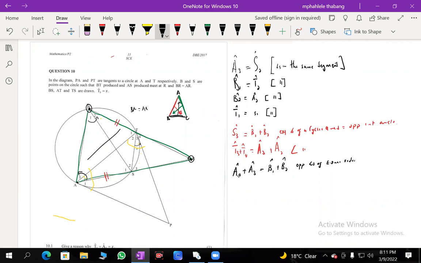It's angle A. Which angle is opposite to side AR? It's angle B. It means angle A and angle B are equal. These are the angles opposite to equal sides, so those angles must be equal. That was very great. Indeed, angle A equals angle B: A3 plus A2 equals B1 plus B2.